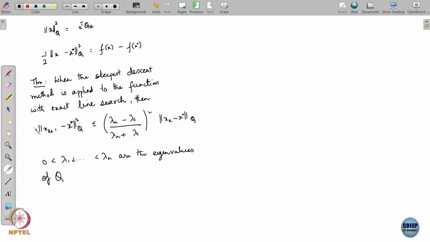Now, what is this relation saying? This squared Q norm is nothing but the difference between the function value and the optimal value of the function.